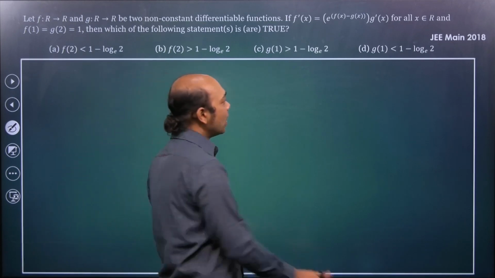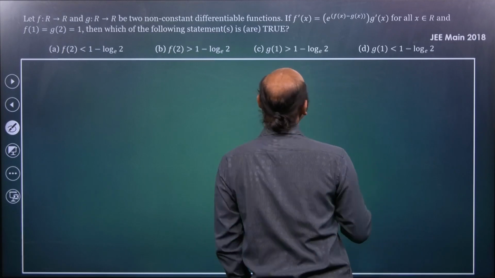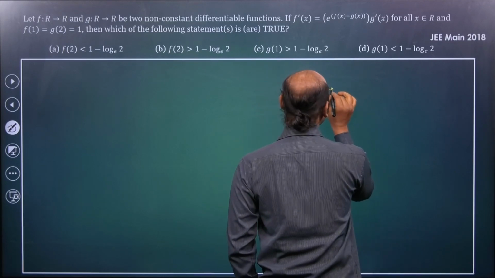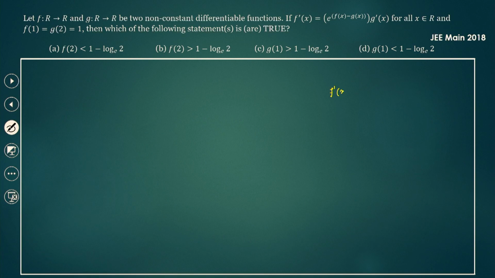Let's go ahead. Here we take the differential equation, which gives f dash x is equal to e to the power of f(x) minus g(x) multiplied by g dash x.